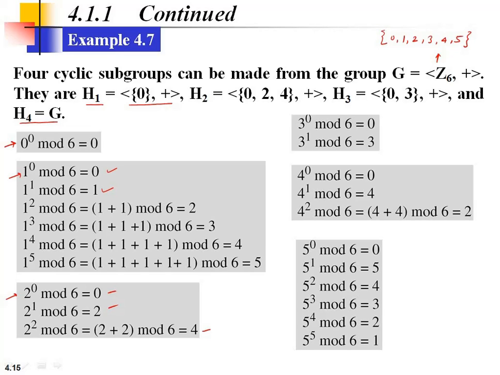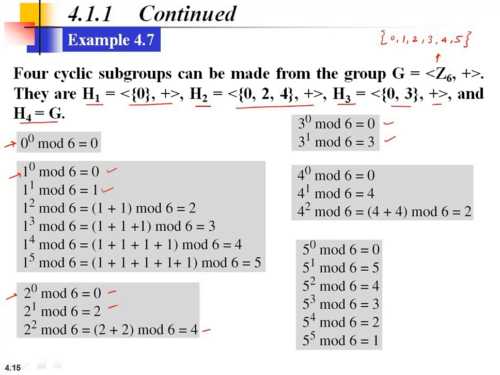Let us denote this by H2, over the operation plus. Then 3 can generate only 2 elements, 0 and 3, so it forms another subgroup, denoted by H3, containing 0, 3 and plus.